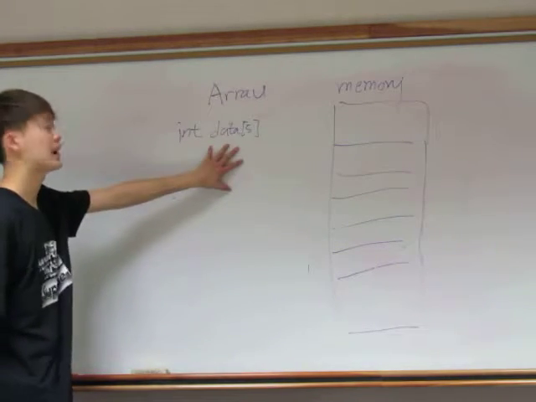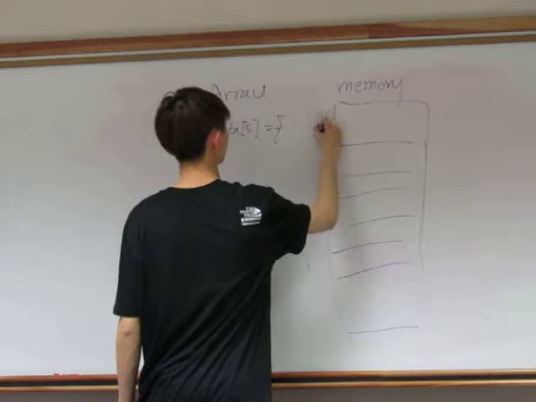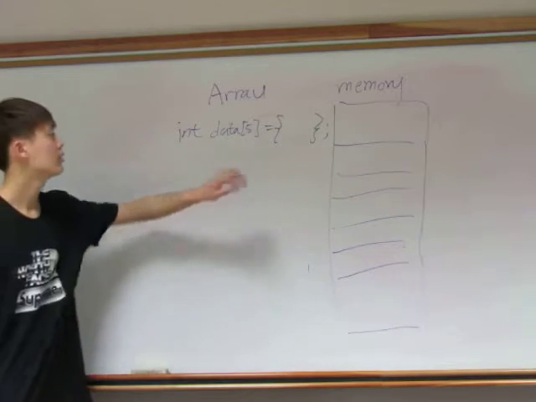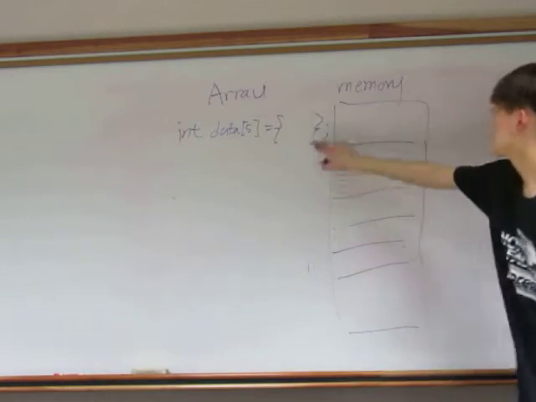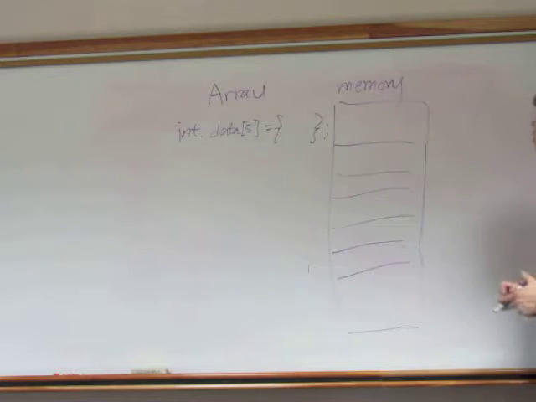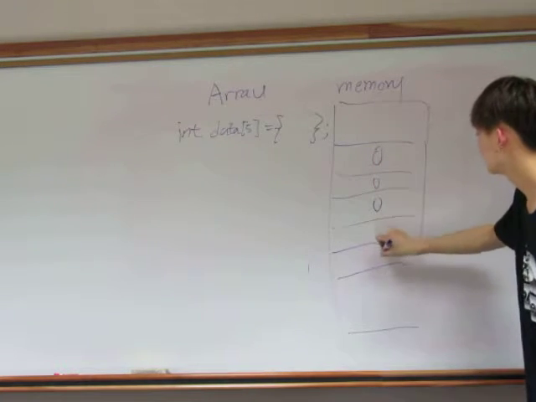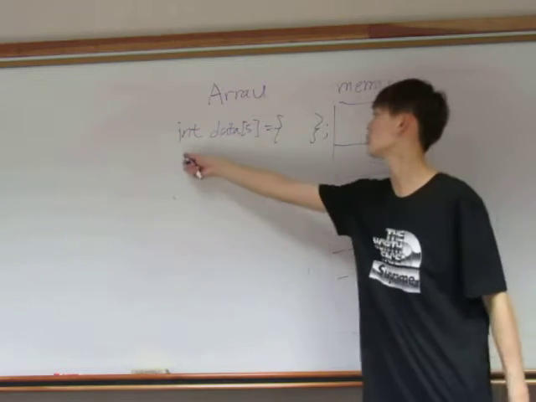After this declaration, you would have equals and curly braces. For example, if I put nothing here, empty curly braces, it would just be a bunch of zeros for its 5 elements. It is the default value of the data type here, which is integer.